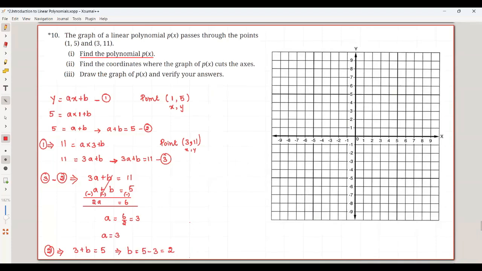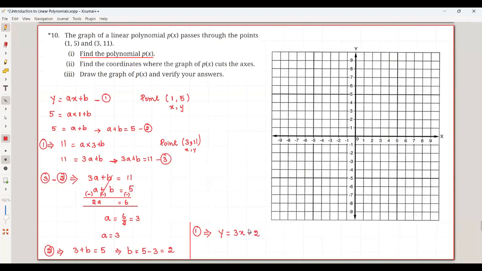Now substitute the a and b values in equation number 1. So y is equal to a value 3, 3x, plus b value 2.